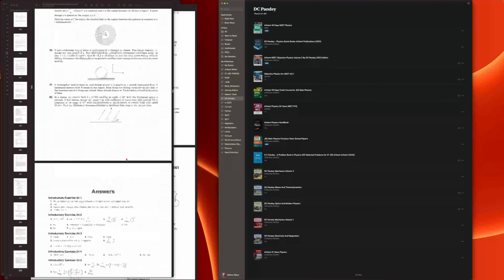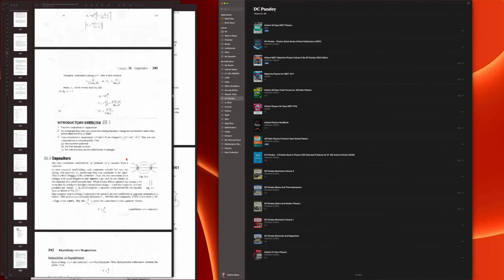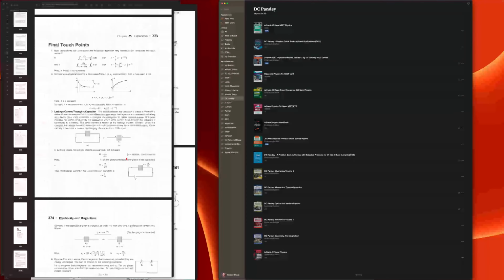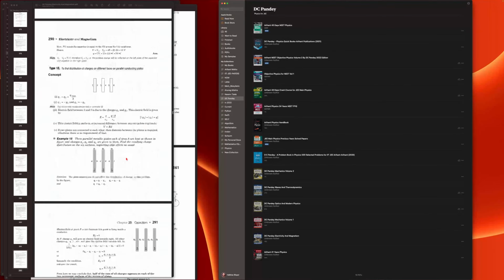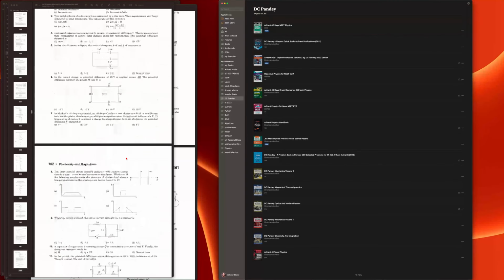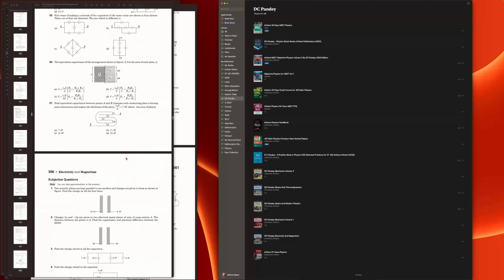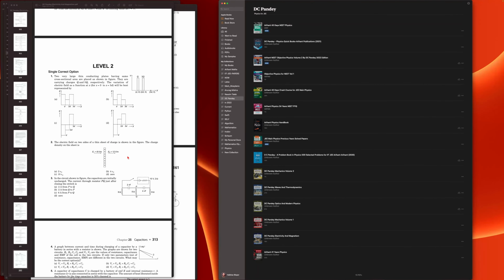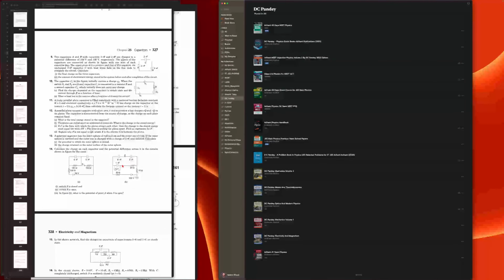So where is the magnetic field? I like scrolling this mouse, and I don't just go to the content, I just love scrolling.